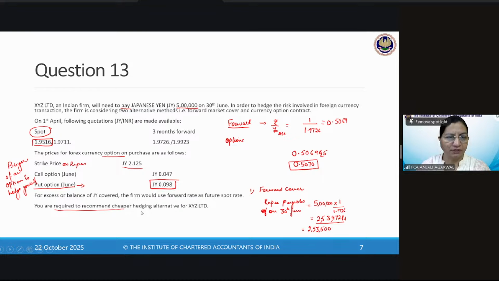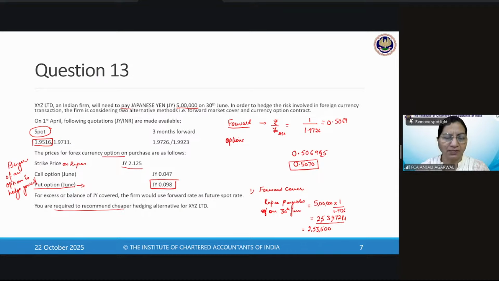Second is the option cover. Under option cover, first you have to be very careful. You have to see the option is on what currency. Because the strike price is in yen, the option is on rupee. Okay. So yen is supposed to be bought. You have to pay the yens. So for that, you have to buy yens. Therefore, you will sell the rupees.